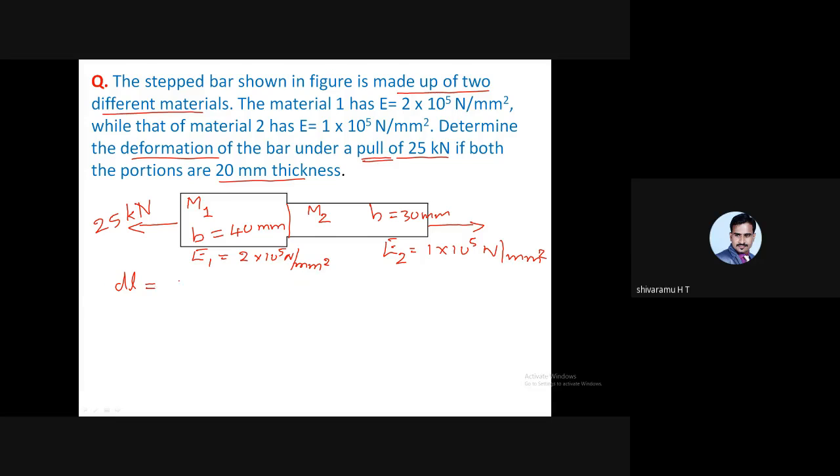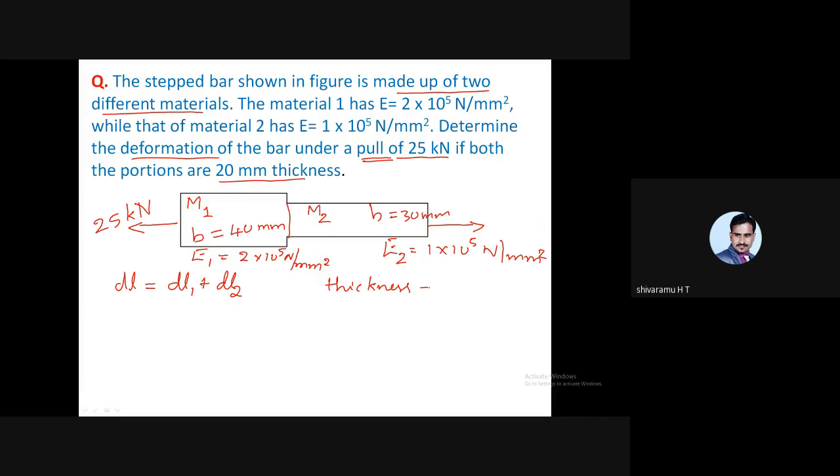We know deformation is equal to dl1 plus dl2. The total deformation is dl1 plus dl2, where dl1 is the extension or deformation of portion 1, and dl2 is the extension or deformation of material 2 or section 2. Load is given, and the important thing is that thickness is given.